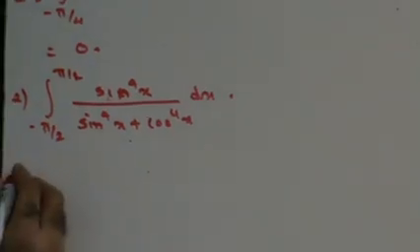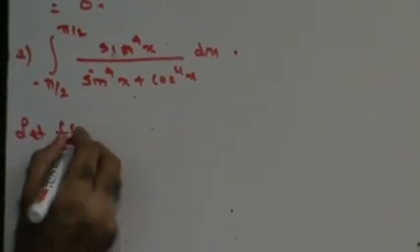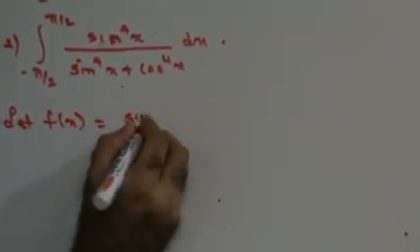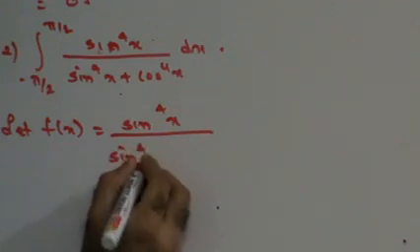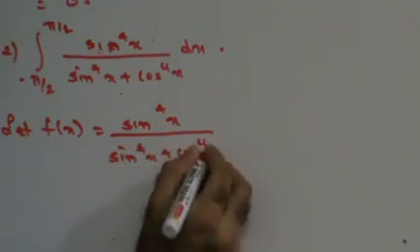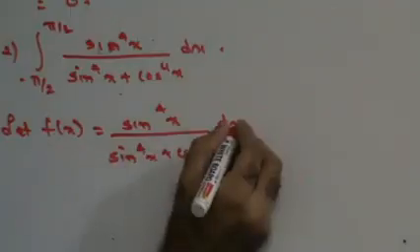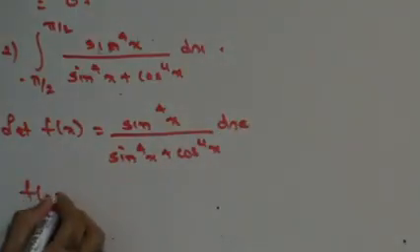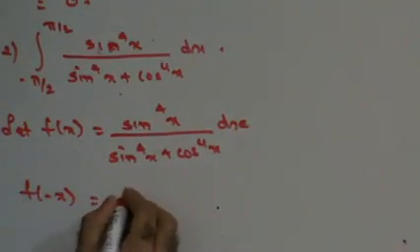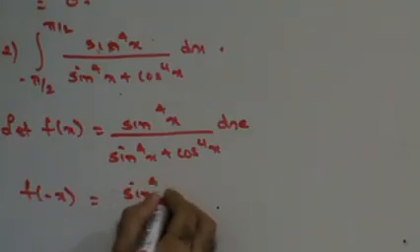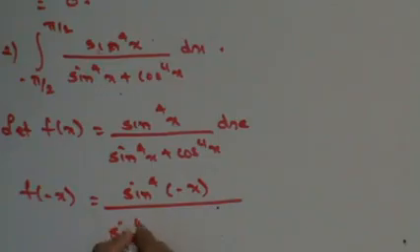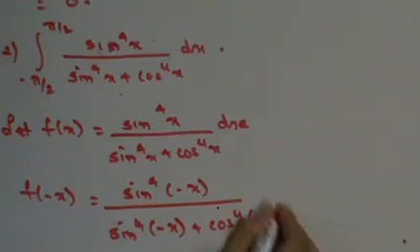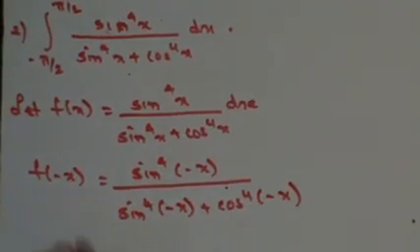We will say that let f of x be equal to sin 4x upon sin 4x plus cos 4x dx. So I can therefore say that f of minus x, wherever there is x, substitute the value of x as minus x.